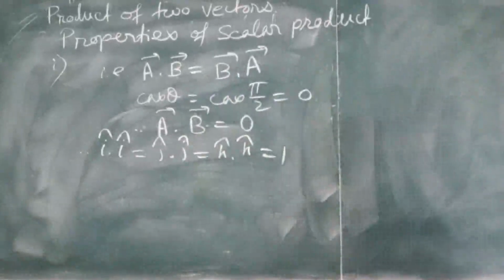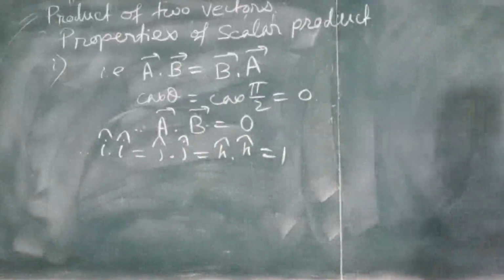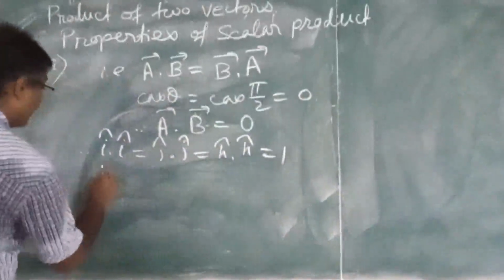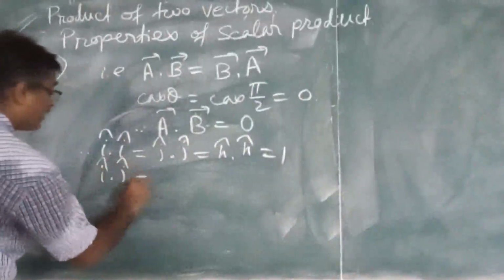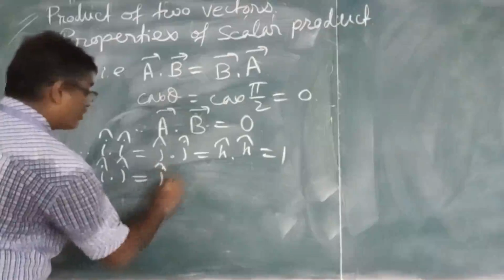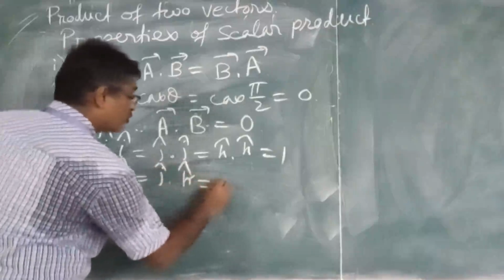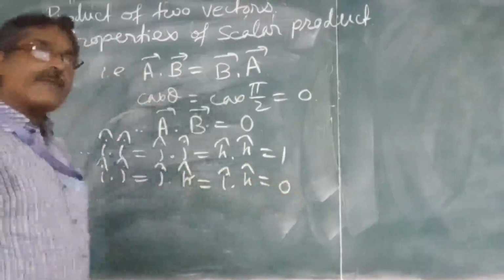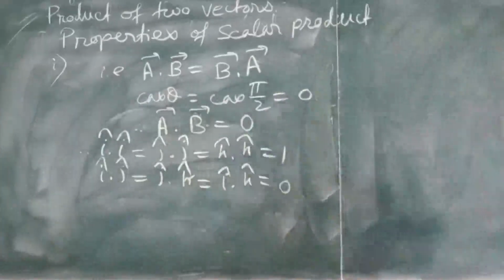Cos 0 is 1, and the magnitude of a unit vector is also 1. And I dot J equals J dot K equals I dot K equals 0, because they are perpendicular to each other.